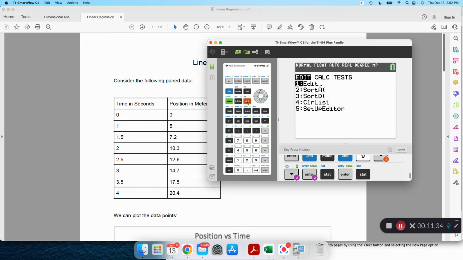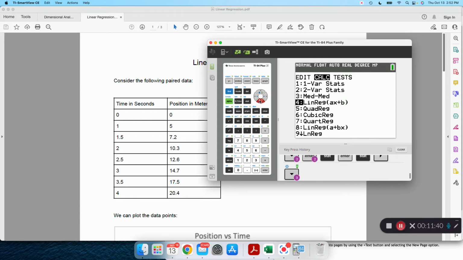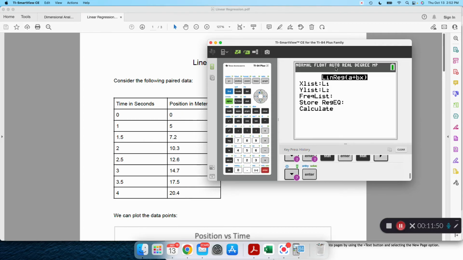Then we go stat, over to calculate, and down to number 8. We could actually use number 4 also, but most statisticians use button 8. That says linear regression a plus bx. I make sure I have the appropriate list there.